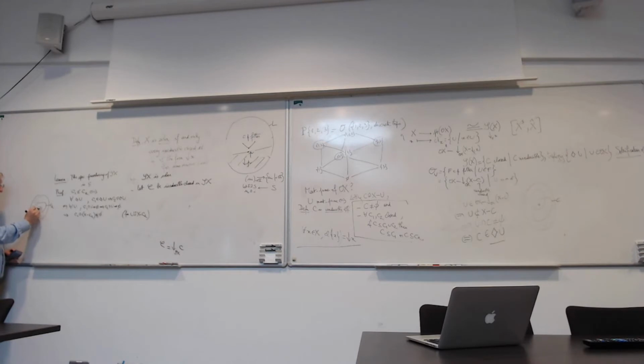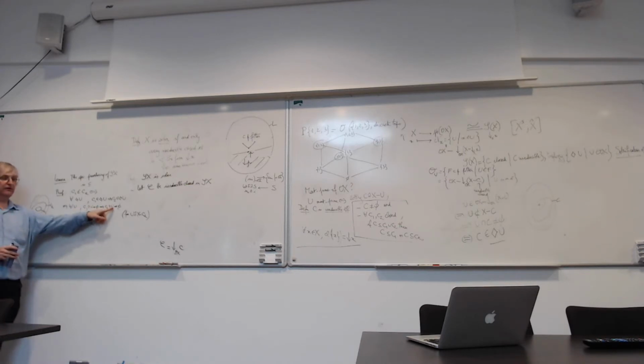So C1 must be entirely there. That means C1 is included in C2. Conversely, if C1 is included in C2, take any open sets that intersect C1. So you find a point in C1 and also in U. That point is in C2 and also in U. So that is an equivalence.